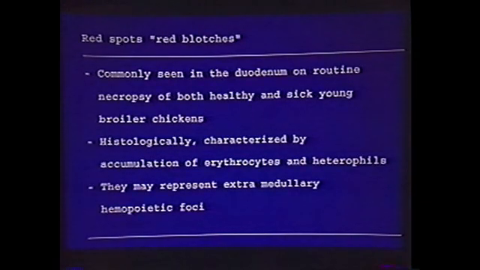It's very shiny, very clean. These are called red spots or red blotches, and they should not be confused with coccidiosis. They are commonly seen in both healthy as well as sick birds, commonly seen on necropsy. They have no significance at all, just must not be confused with coccidiosis.